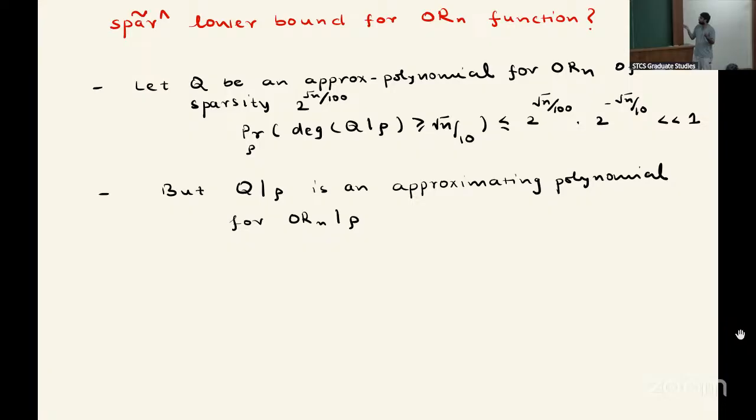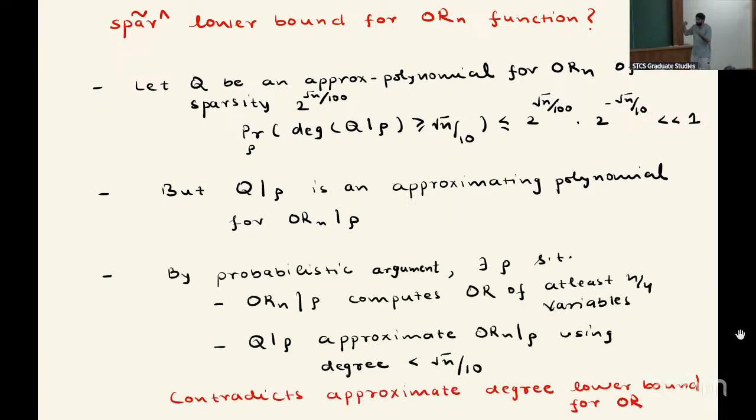But I know that Q, when hit with this restriction, still has to be an approximating polynomial for an OR function on n by 4 variables. So it's just a probabilistic argument. There exists a random restriction such that OR, when hit by that restriction on n variables, will still compute an OR on n by 4 variables.